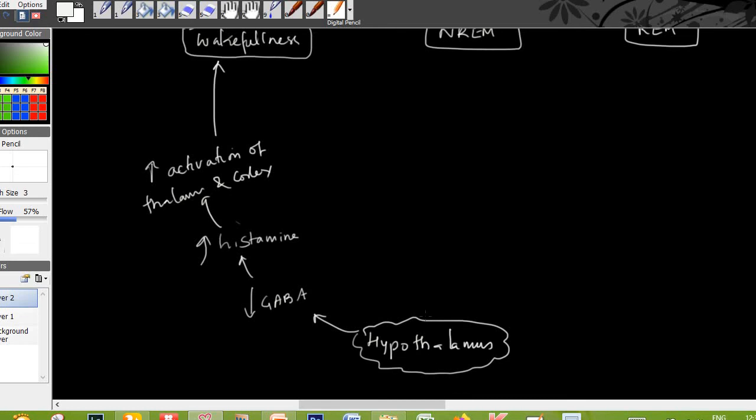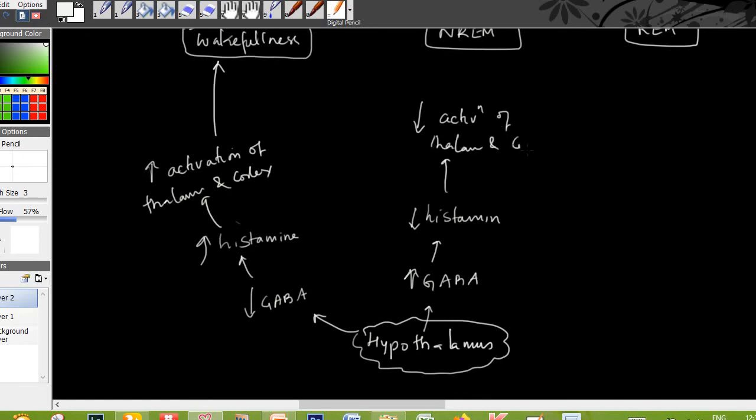On the other hand, the same hypothalamus will have an increased GABA activity and a decreased histaminic activity, thereby causing a decreased activation of thalamus and cortex.